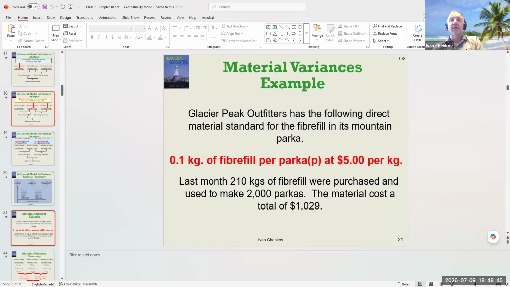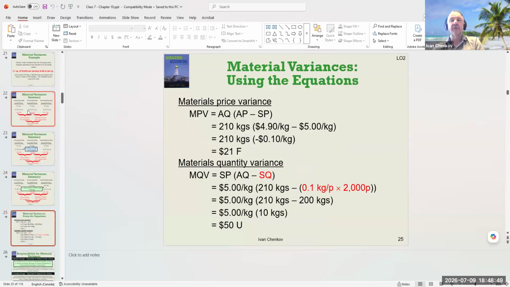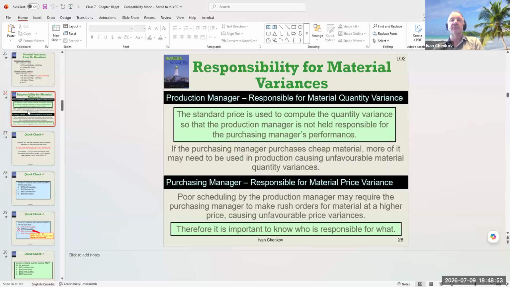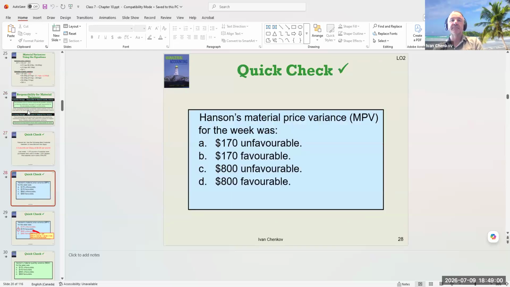We already went through the examples with the direct material and calculation of the direct material variances, identifying who is responsible: the production manager responsible for the material quantity variance, the purchasing manager responsible for the price variance.